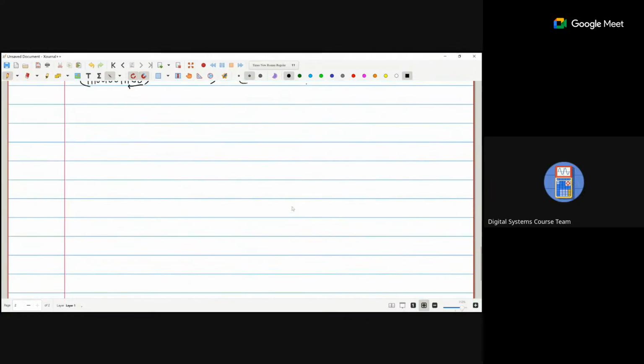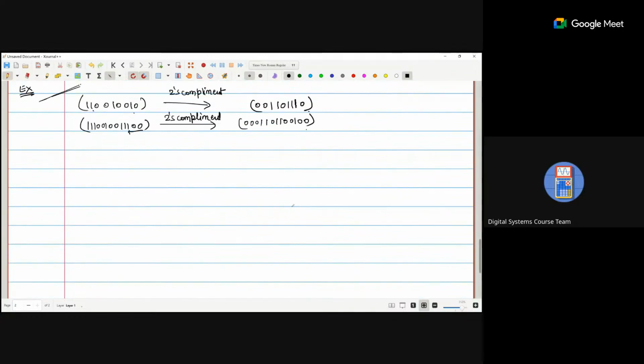In the case of one's complement, the extension of range. Like I have +7, so it becomes 0111. Now if I want to extend it up to 8 bit, similarly the method is that I just copy the MSB. That is similar.